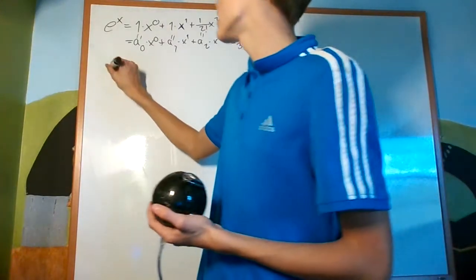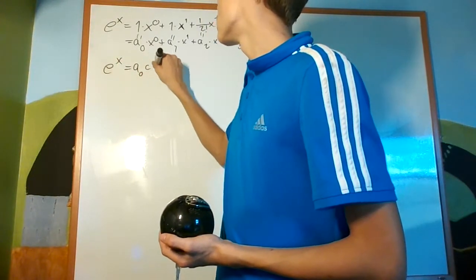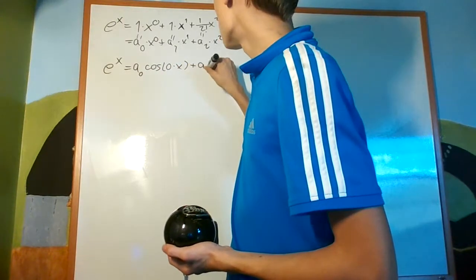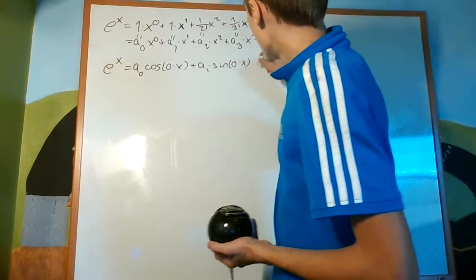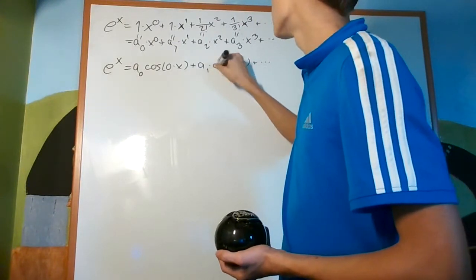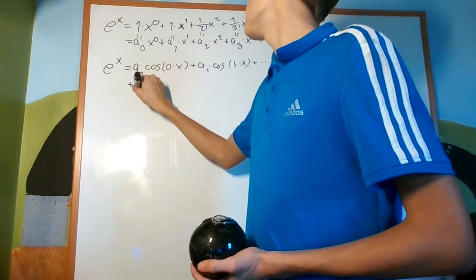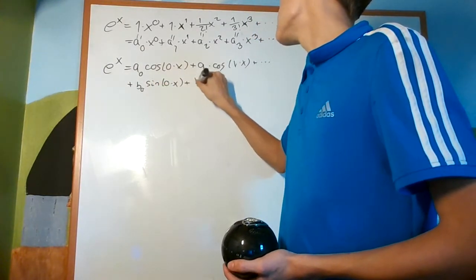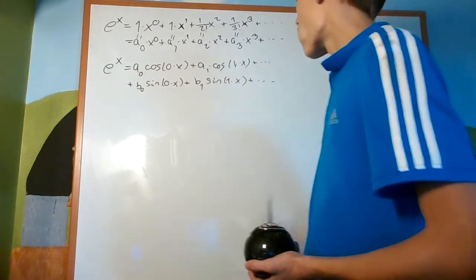So what if I wanted to find e to the x in terms of a0 cosine of 0 times x plus a1 cosine of 1 times x, and so on, plus b0 sine of 0 times x, plus b1 sine of 1 times x, and so on.